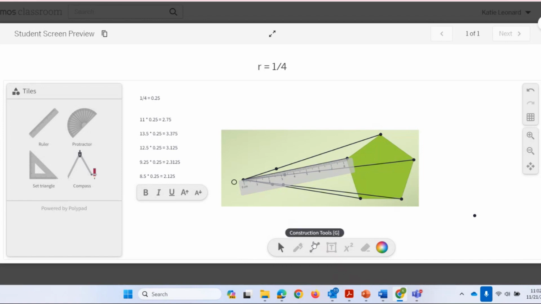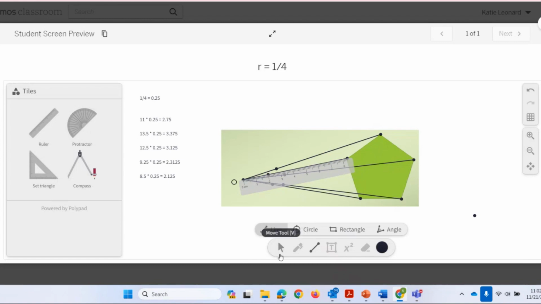And again, I'm just going to drop a point right there. So this is 2. Going to be a little past that. This is 2.5. Just right past the 2.